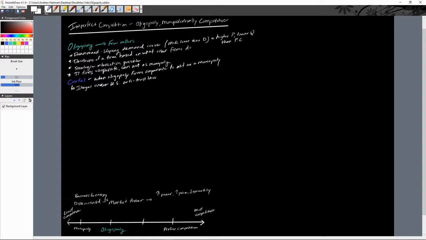A cartel is literally when they get together and discuss and figure out exactly how much they each want to produce. But the problem with the cartel is not just that it's illegal. This can also be easily undermined by the companies within the cartel. So, for example, let's provide an example out here.